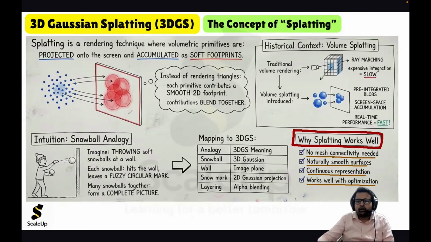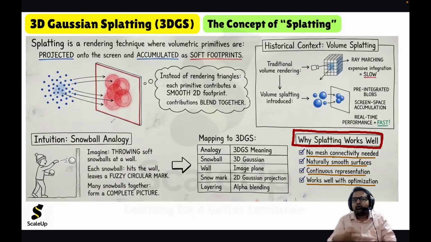And one more very interesting thing: it works well with optimization. When we are optimizing, for every 3D Gaussian we will be tweaking the parameters: its position, the covariance, the opacity, and the color.